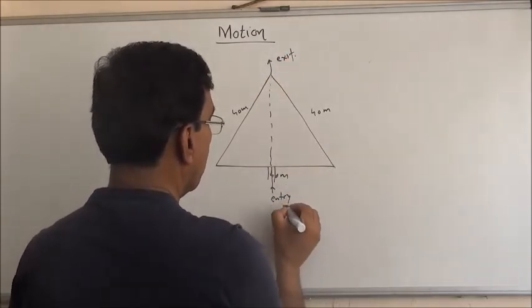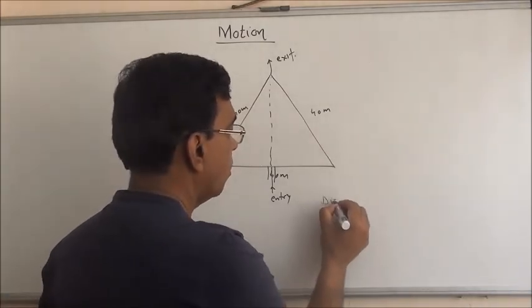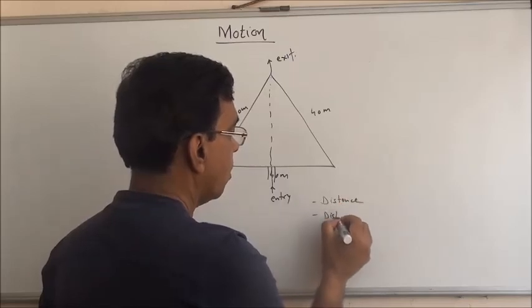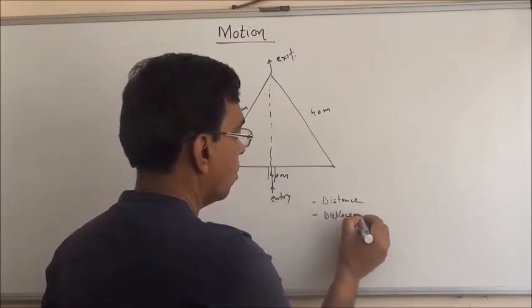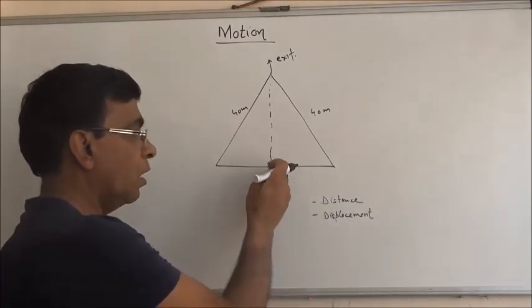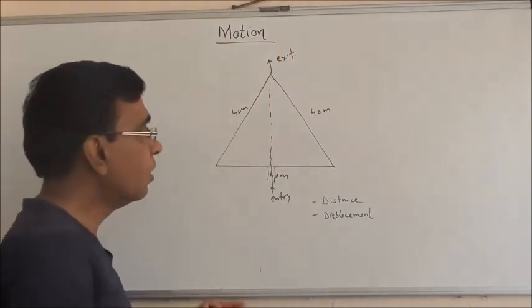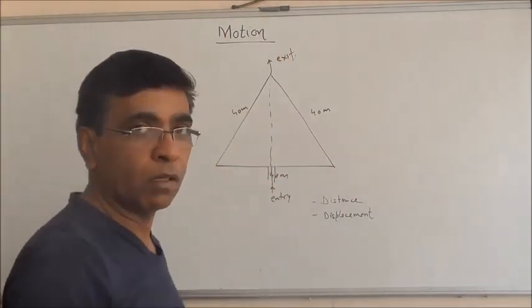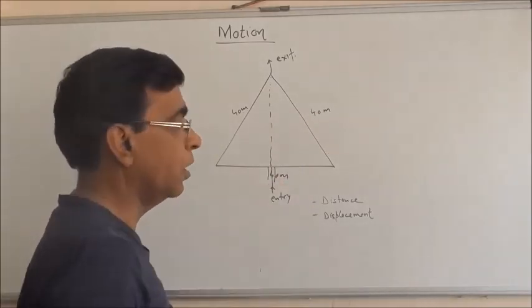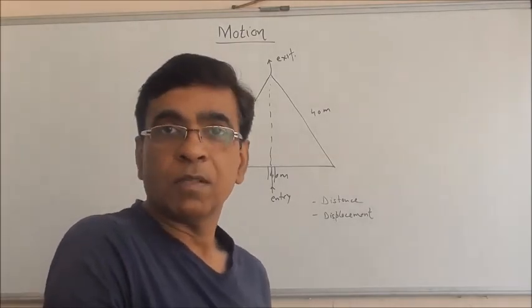And this is entry. Now find out the distance and displacement. You take entry from this side and you move out from this side. It is a triangular park, 40 meter side. Each side is 40 meters. So find out the distance and displacement.